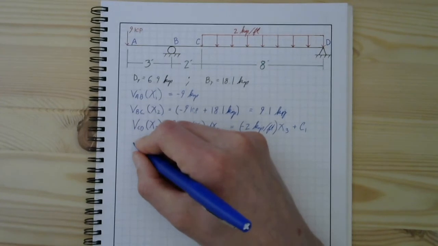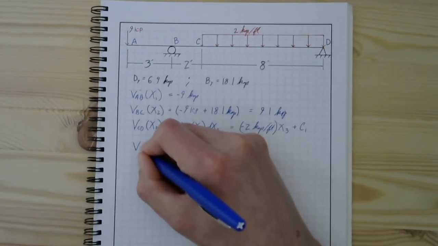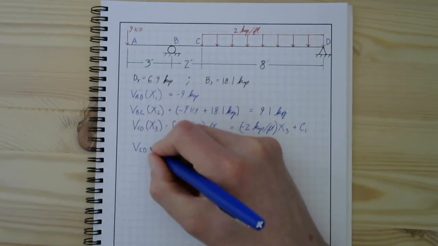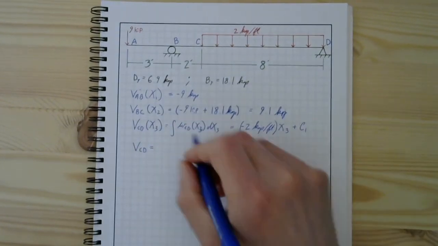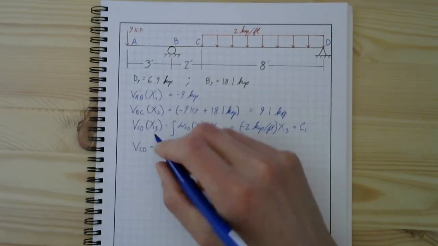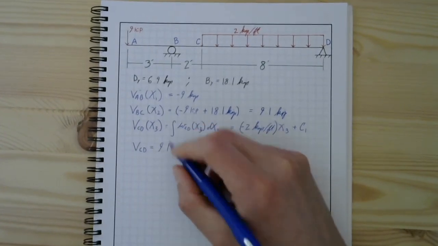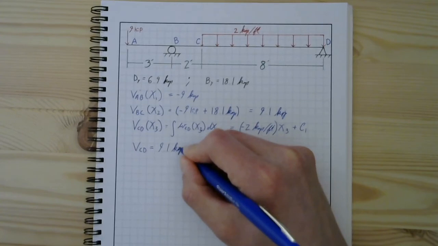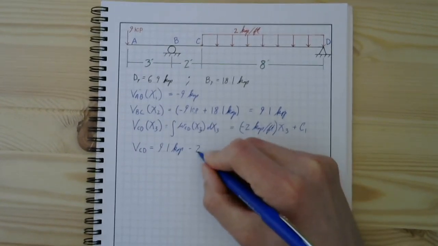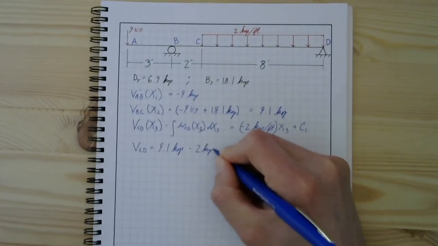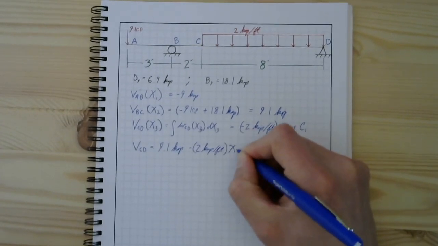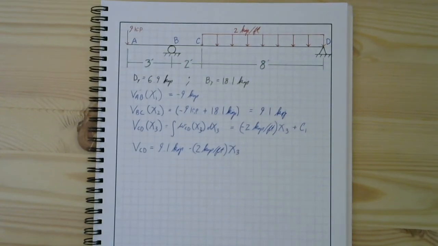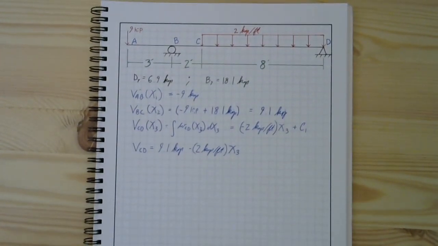So our shear function from C to D is going to be equal to, let's put C1 first, 9.1 kips minus 2 kip per foot times x3. So now let's draw this out.